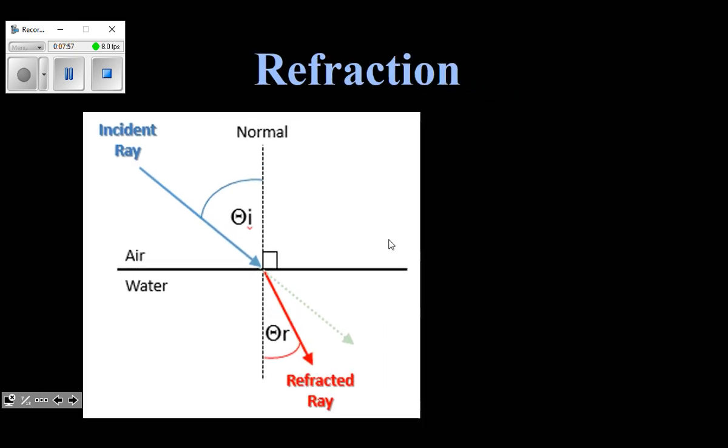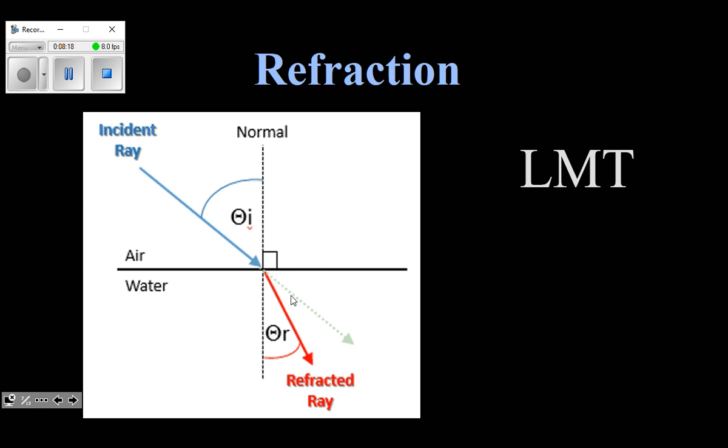Let's look at when it's the opposite. Now we're going from a less dense, air, to a more dense, water. Our letters for that are going to be LMT, and I don't have a mnemonic for this, but it's just the opposite of MLA. So instead of ML, it goes LM, less to more. Instead of away, it's going to go towards the normal. So you can see that happens. Here's your incident ray.